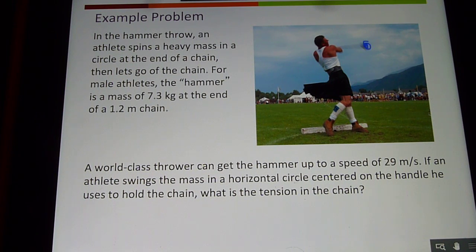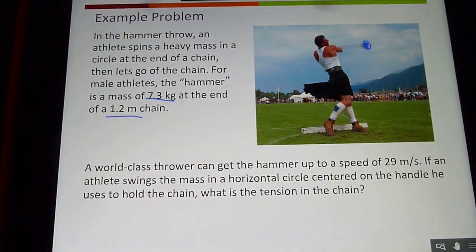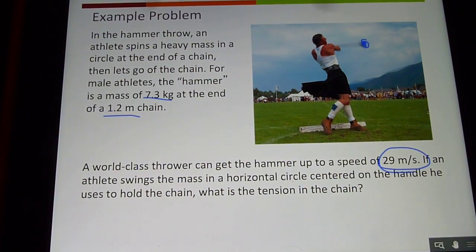So we are told the mass of the hammer, 7.3 kilograms, and we are told the length of the chain. If we have a world-class athlete spinning it at 29 meters per second, we want to know what the tension in the chain is, under the assumption that the horizontal circle is centered on the end of the chain.